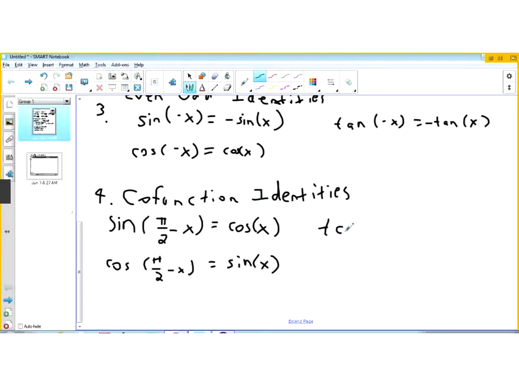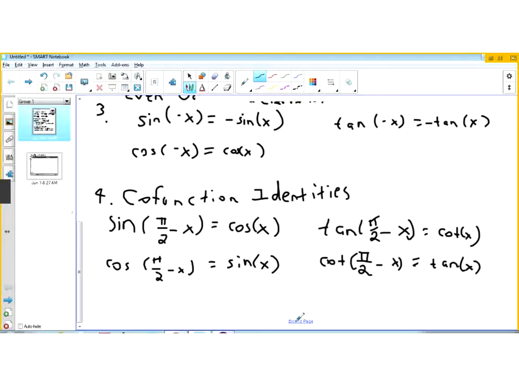The tangent of pi halves minus x is equal to cotangent x. And of course, the cotangent of pi halves minus x is equal to the tangent of x.